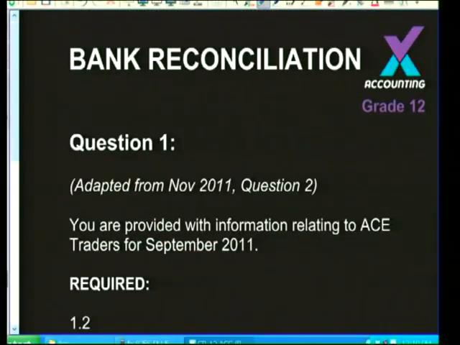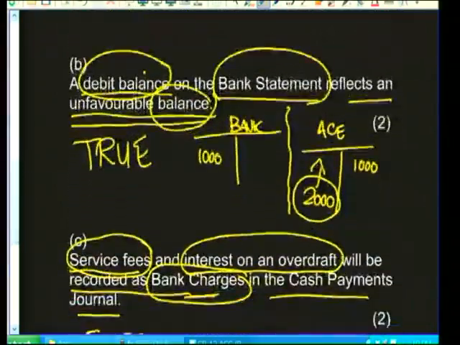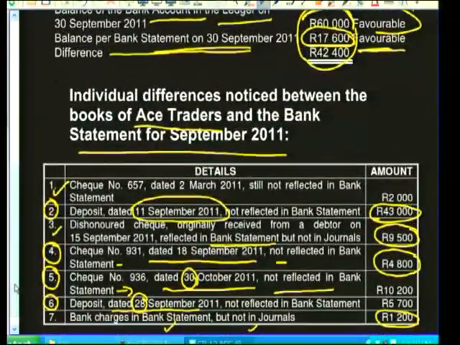So now I go back to the information and I ask myself, which items did I not record when I was busy with my bank account? Let's check. Remember I said we'll come back to these? We've got here check number 931, dated the 18th of September, a current dated check, not reflected in my bank statement, 4,800.